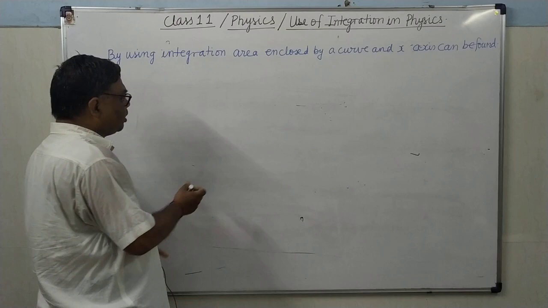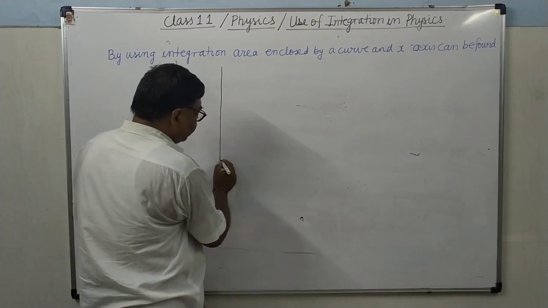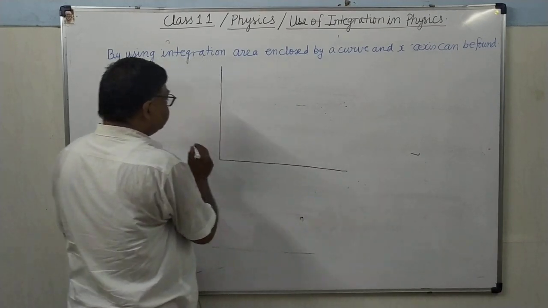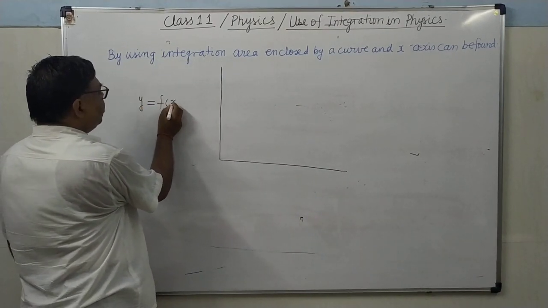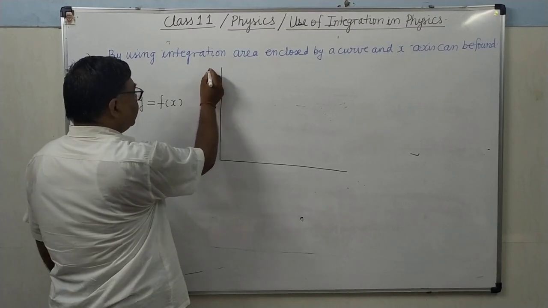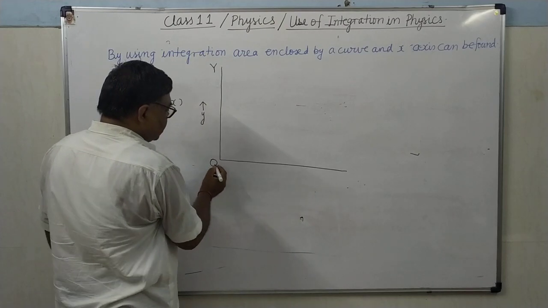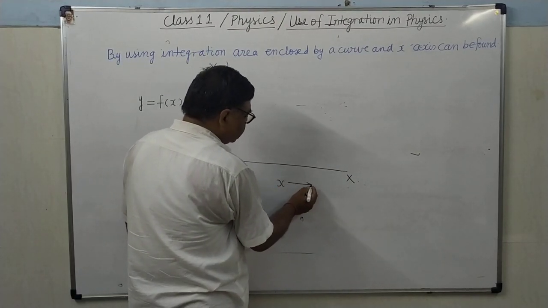And then, for example, here there is a curve. There is a function y equals to f(x). When it has been plotted here, y along y-axis and x along x-axis.